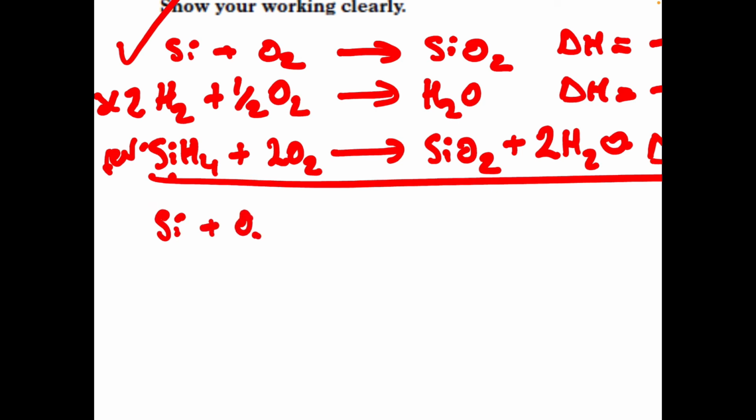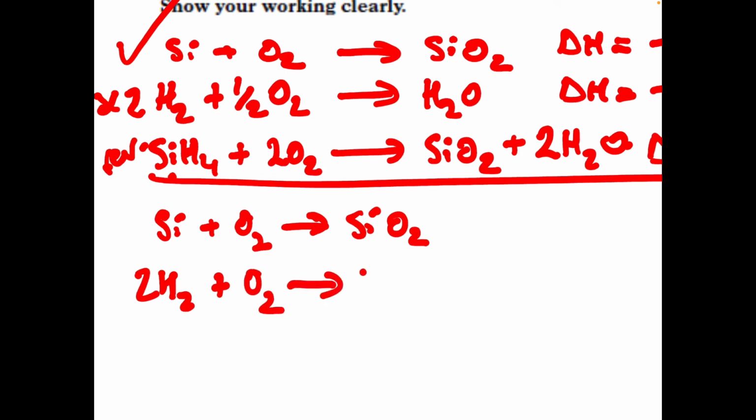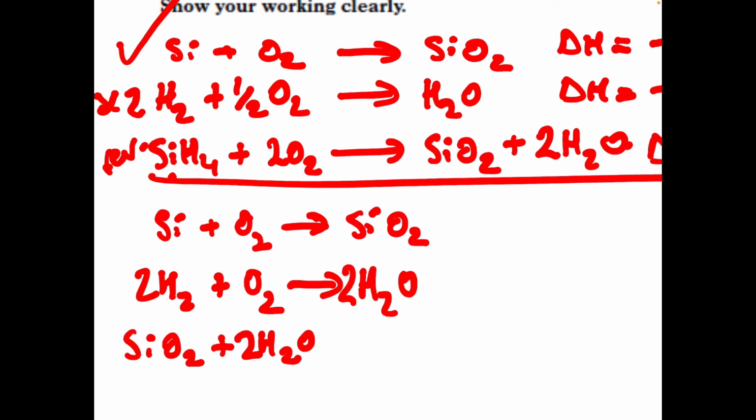So we've got Si plus O2 gives us SiO2, 2H2 plus, and remember this half O2, you need to times that by 2, so that's actually just going to be O2 gives us H2O, and then this last one we'll reverse it around, so it's SiO2 plus 2H2O. We need to times that by 2 by the way, and that gives us SiH4 plus 2O2.